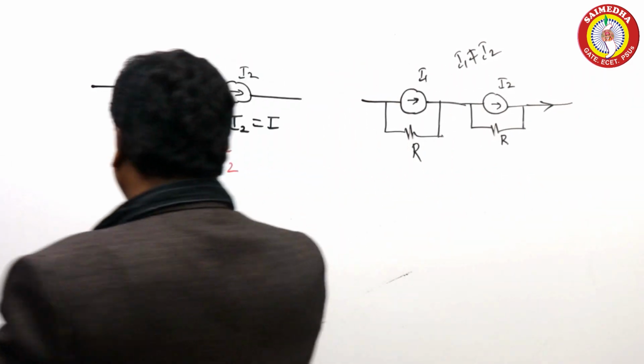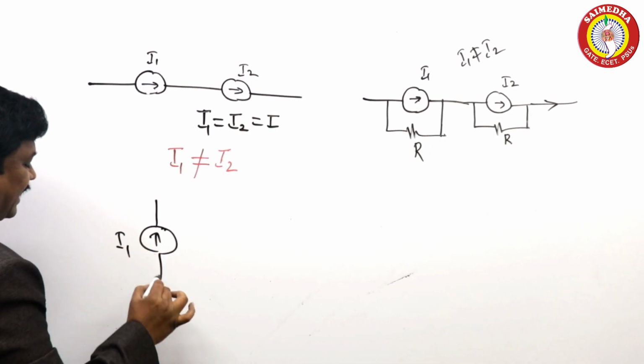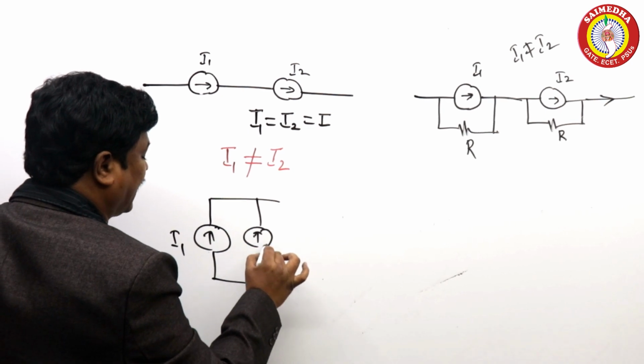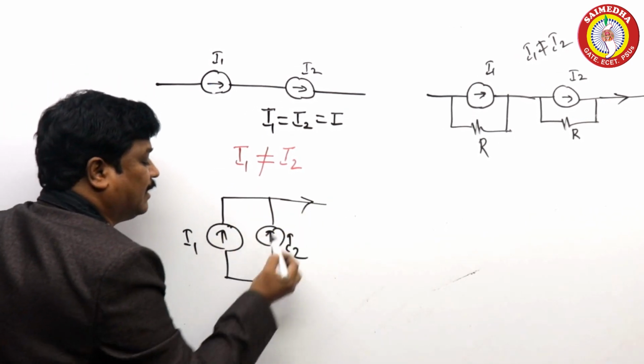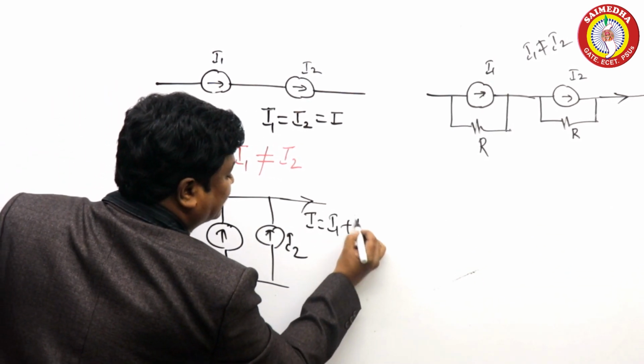Similarly, when you have a current source here, for example, the current source of I1, and another current source in parallel, having I2, what is the resultant current? This current is coming and this current is also coming. Total current I equals I1 plus I2.